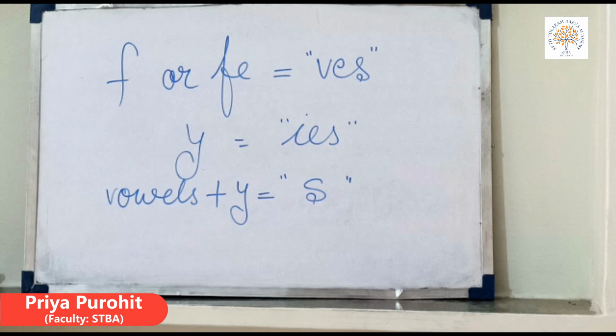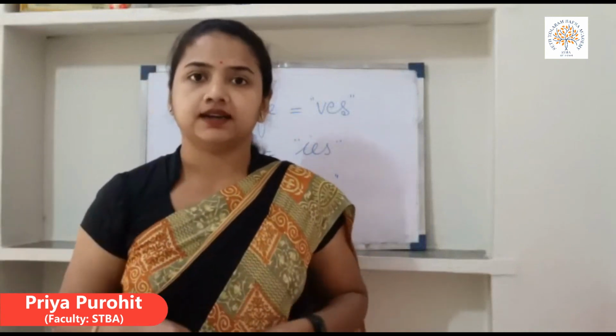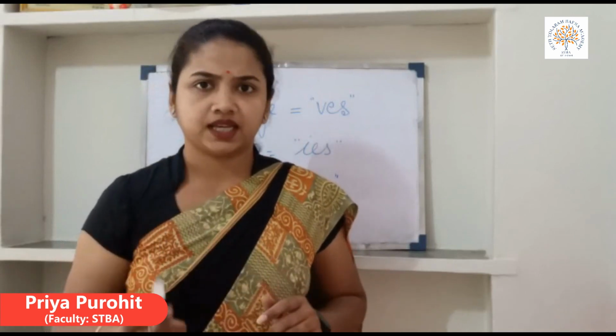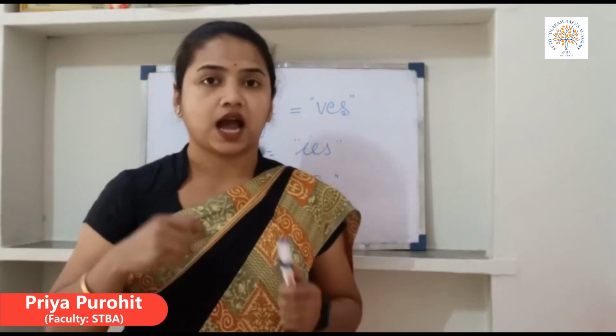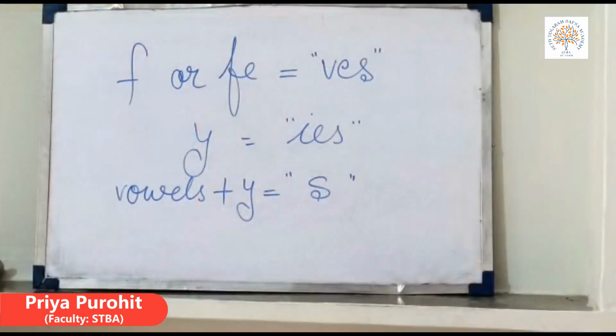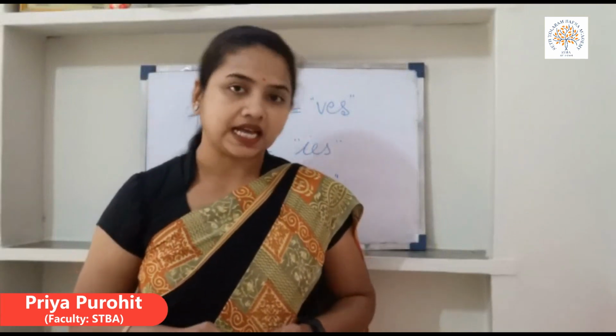By changing Y to IES, when nouns end in consonant plus Y, that is army, armies. In the place of Y, we use IES. Last one is by adding S when nouns end in vowel plus Y, like boy, boys. There is Y, but we are not replacing it because before Y there is a vowel. That's why we are using S.